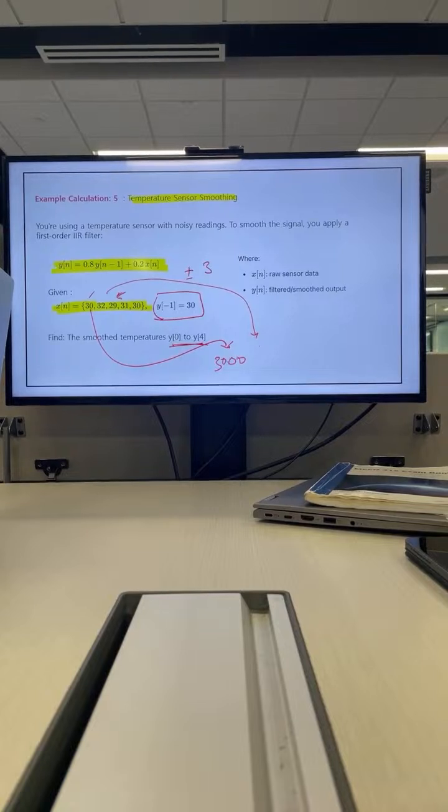And the second data, for 32, it is 30.4. Then for the third data, 29, it is 30.12.